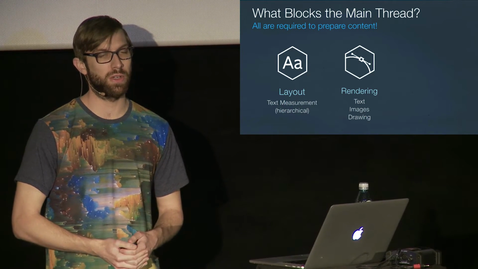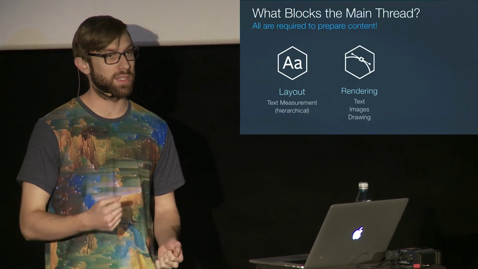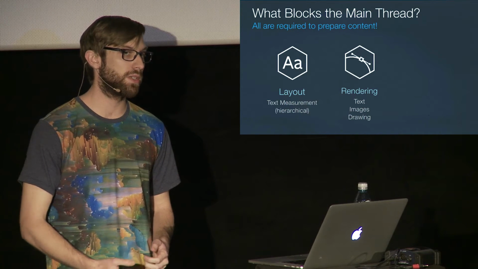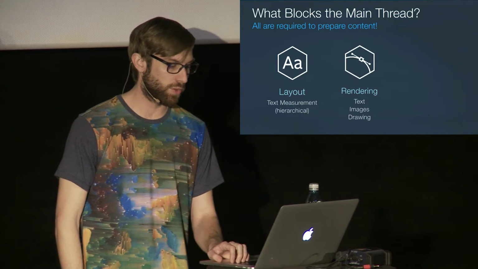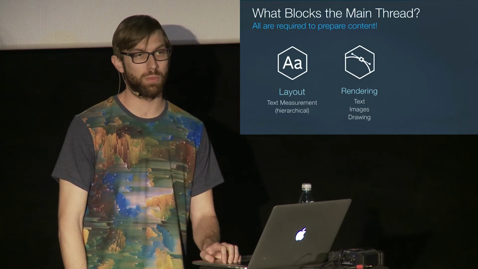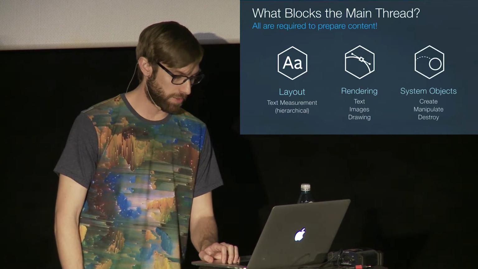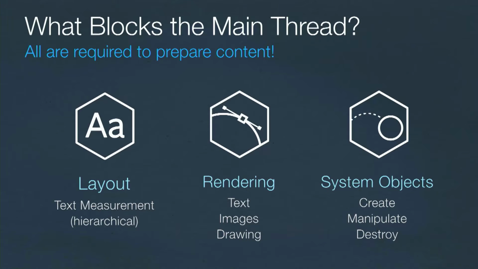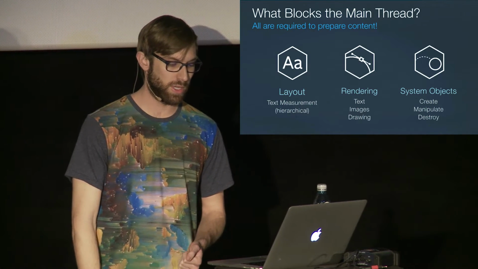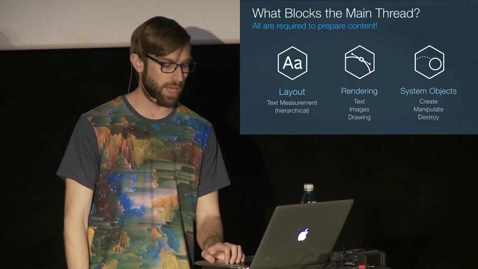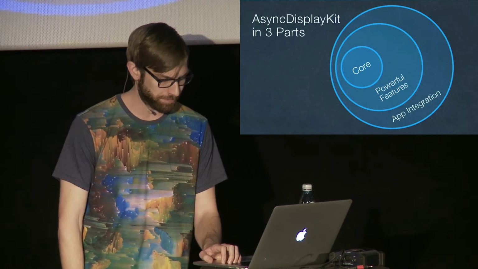So if you consider what it takes to rasterize Thai or Chinese or Korean, it's literally an order of magnitude more complex than Latin character sets, so you have to keep this in mind. And finally, system objects are often under-recognized. Any profiling trace will show this to you, but even just creating UI views, let alone assembling them together or doing anything with view controllers, takes a material amount of time that really adds up, especially in larger apps.